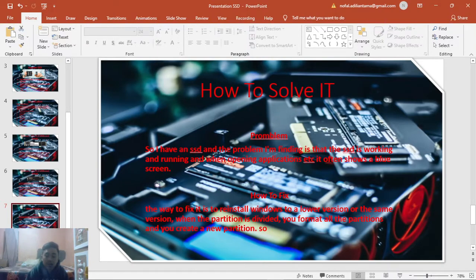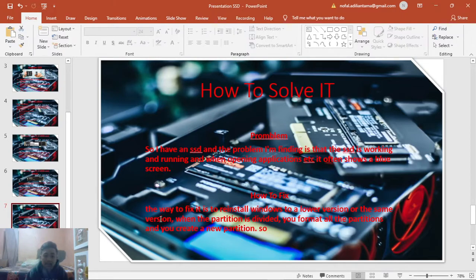So this is the problem, and this is how to fix it. I have an SSD, and the problem I'm finding is that the SSD is working and running, and when opening an application it often shows a blue screen. This is a problem. So how can we fix the problem?